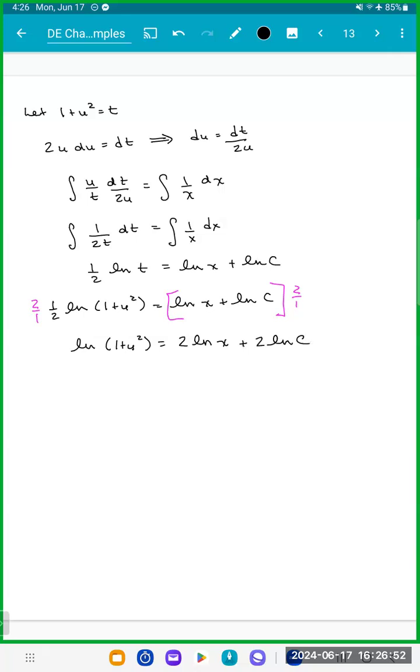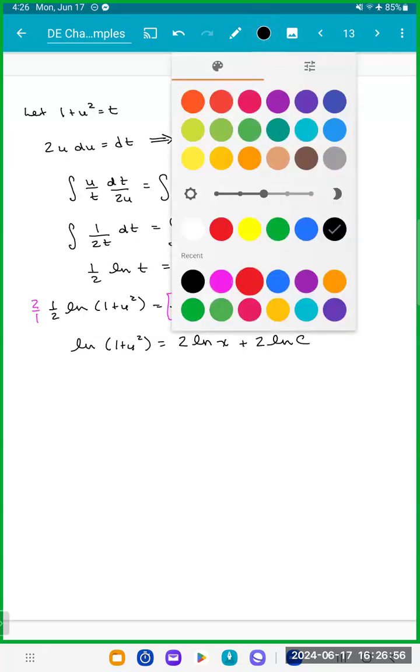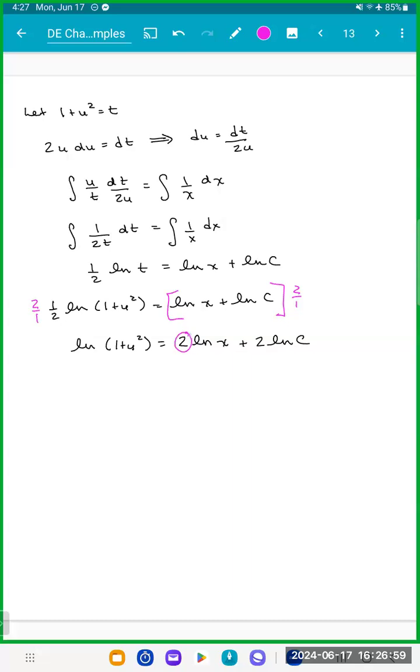Okay. And we can put that up in the exponent. This is going to give us ln of 1 plus u squared equals ln of x squared plus ln of c squared.